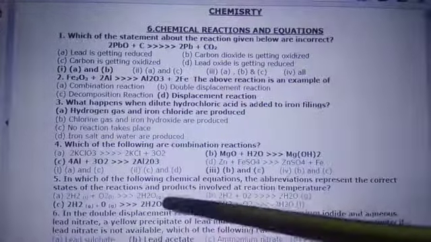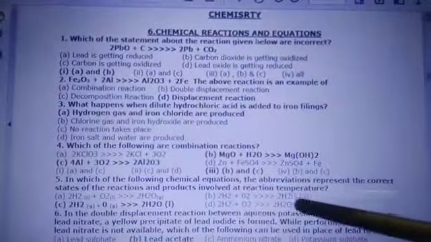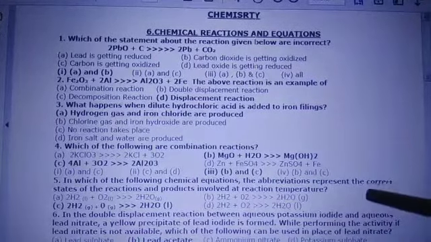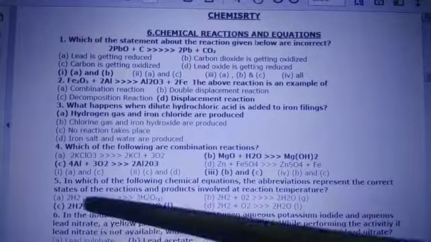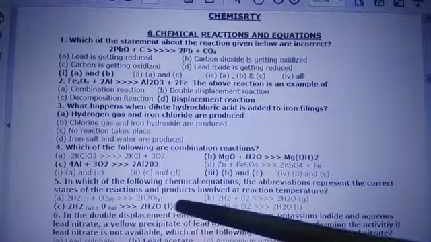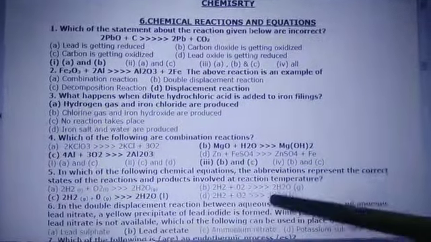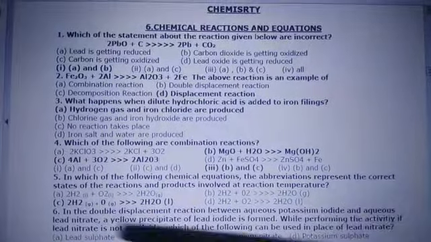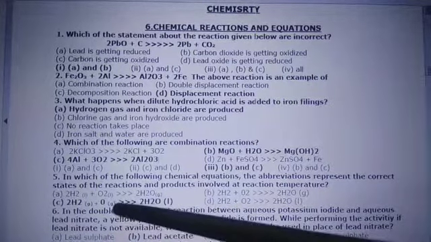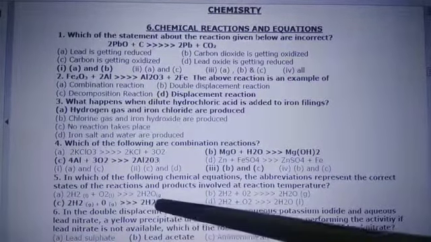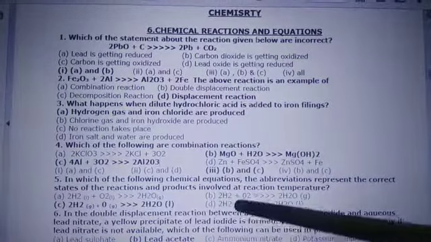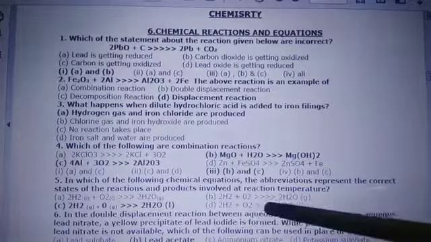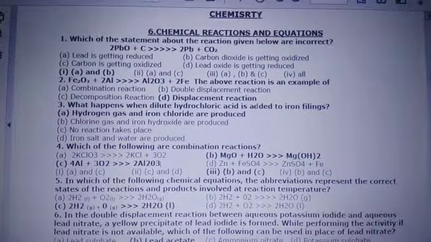Fifth one, in which of the following chemical equations do the abbreviations represent the correct states of the reactants and products involved at reaction temperature? A. 2H2 plus O2 gives 2H2O. B. 2H2 plus O2 gives 2H2O gas.